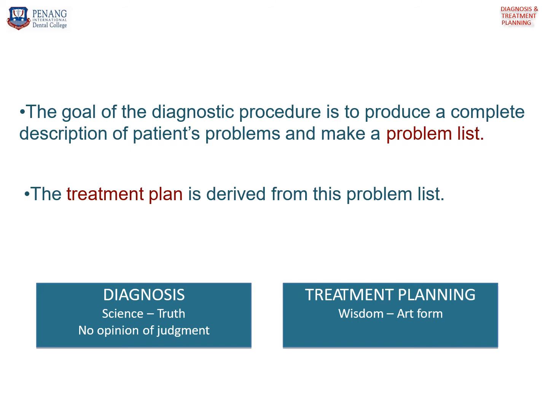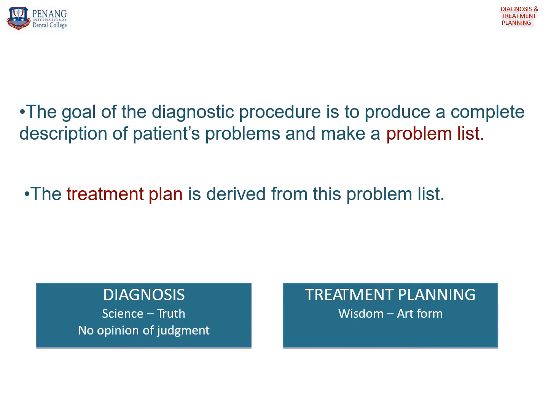Now from this diagnosis, what are the issues that you want to correct? I repeat, what are the issues that you want to correct from your diagnosis will be in your problem list. If you take your ortho case sheet, it is divided into diagnosis, problem list, treatment objectives, and your treatment plan. You must understand the difference between all the four, right? So I would like to tell in detail.